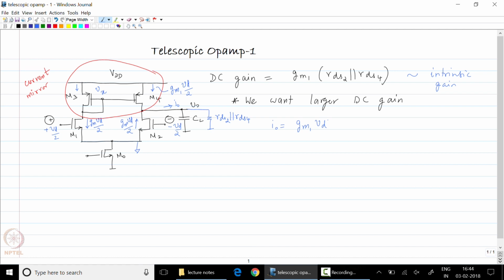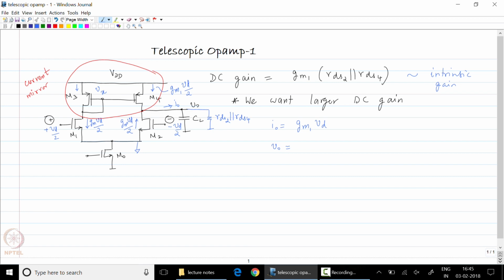So, as you can see, the function of the active load, the function of the current mirror, is to take the current from the left hand side and pump it back into the right hand side in a constructive manner, so that you get even more signal current flowing into the load. The second thing to note is that the output voltage is generated by passing this current through the load.